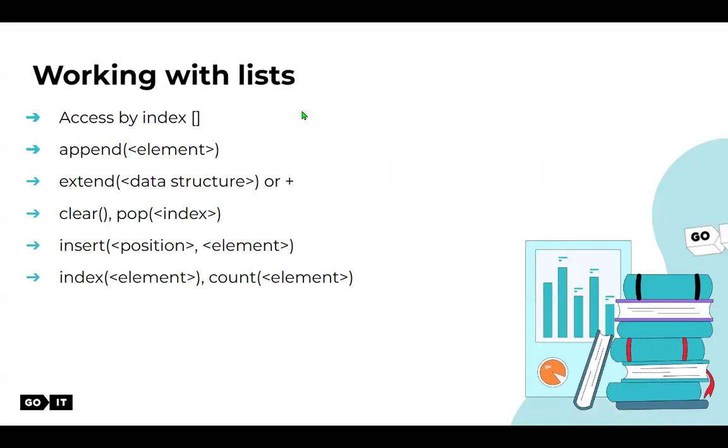Now, working with lists, these are the operators that you can use to change anything within the list. The values that you put inside the brackets, the straight brackets, not the curly brackets, the straight brackets.